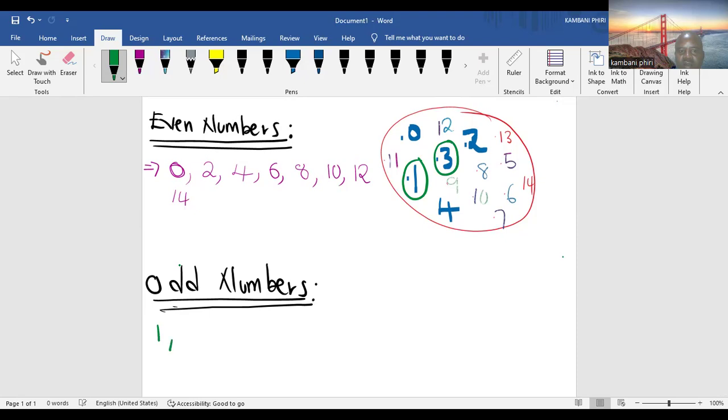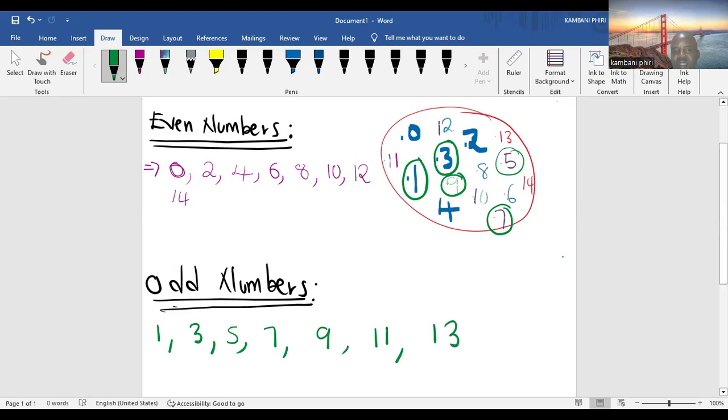We'll pick 1, 3. What else? We have 5 here. Then we have 7 here. Then we have 9. Then we have 11.